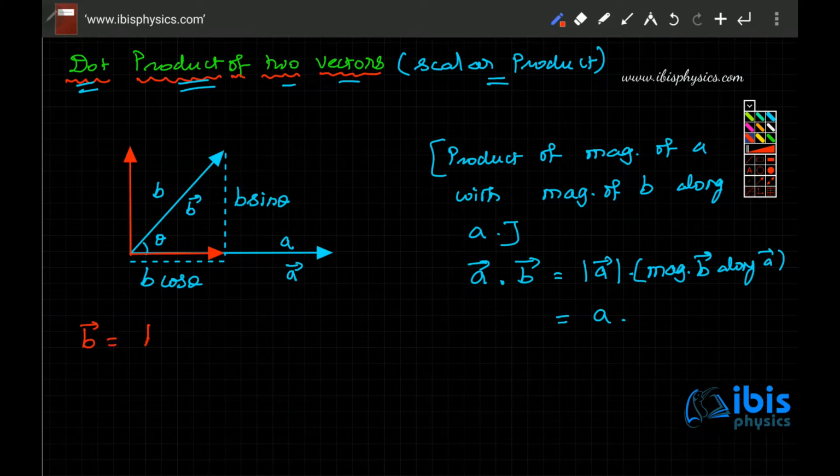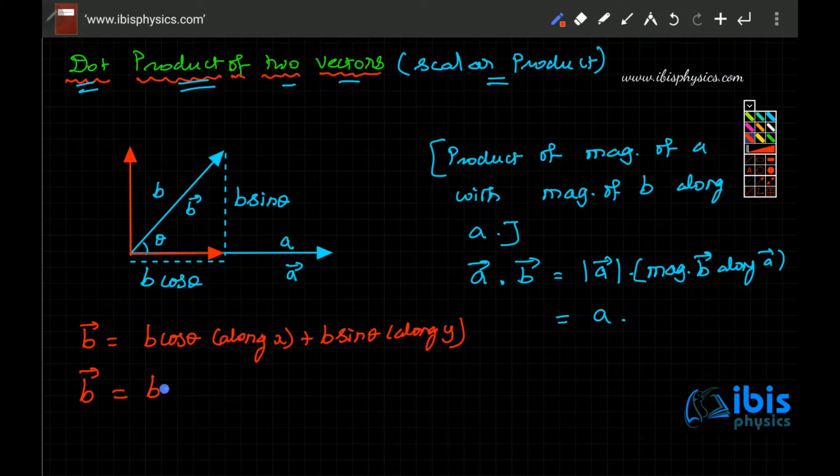The b vector is b cos theta along x plus b sin theta along y. But the vector along the x direction is called i cap. So the b vector can be written as b cos theta along the x-axis.